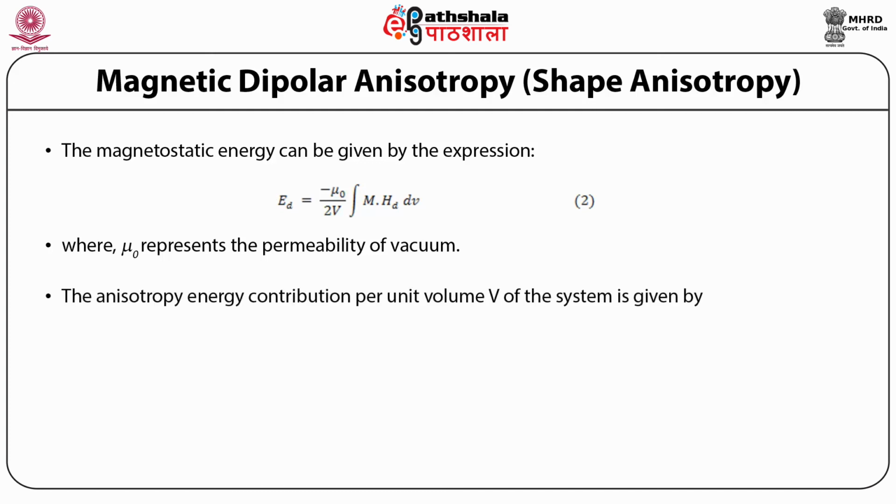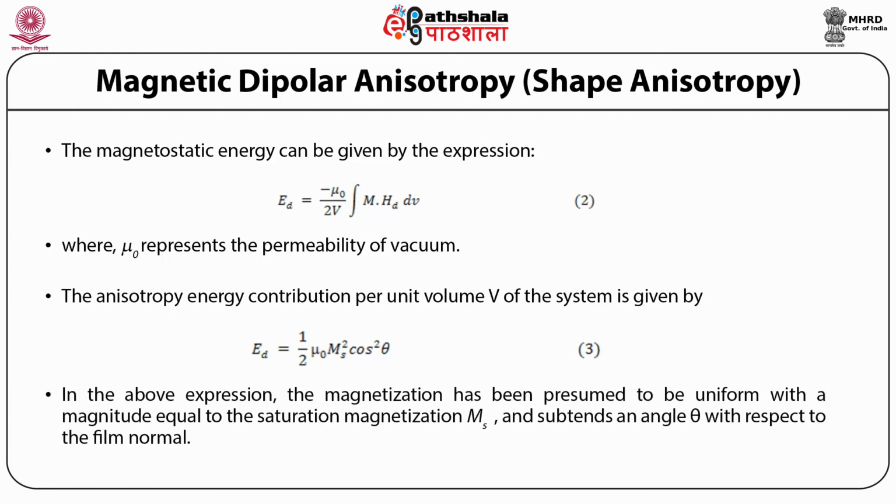The anisotropy energy contribution per unit volume V of the system is given by Ed is equal to 1 by 2 into mu naught into Ms square cos square theta. In the above expression, the magnetization has been presumed to be uniform with the magnitude equal to the saturation magnetization Ms and subtends an angle theta with respect to the film normal.